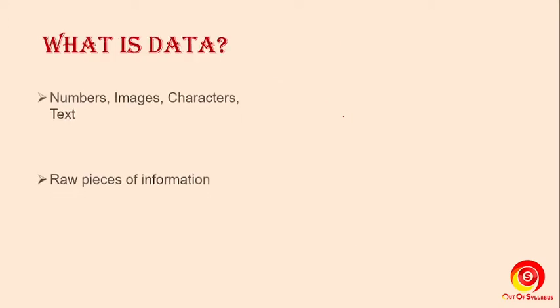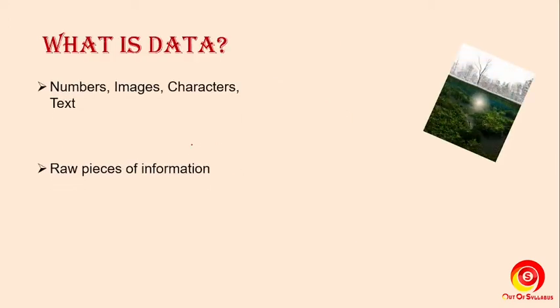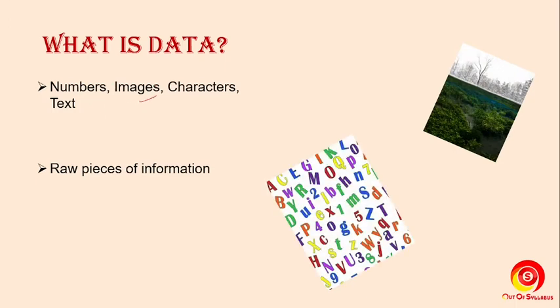So, what is data? Data can be numbers, images, characters, text, can be anything, any raw piece of information. What is meant by this raw piece of information? If we want to make a curry, then we'll have vegetables.